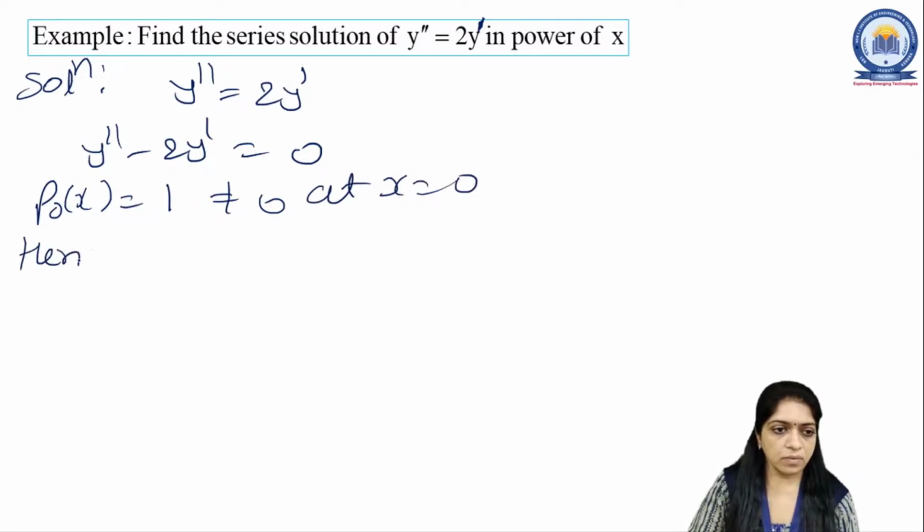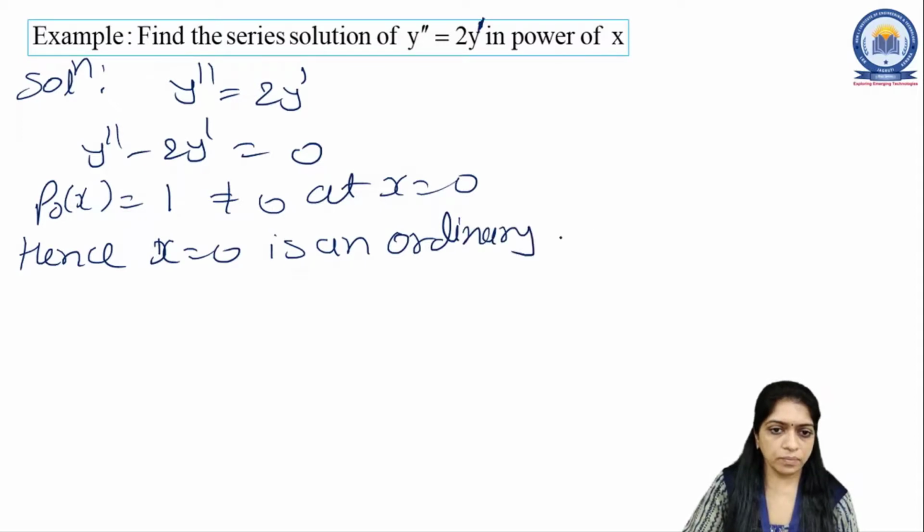Hence x equal to 0 is an ordinary point.